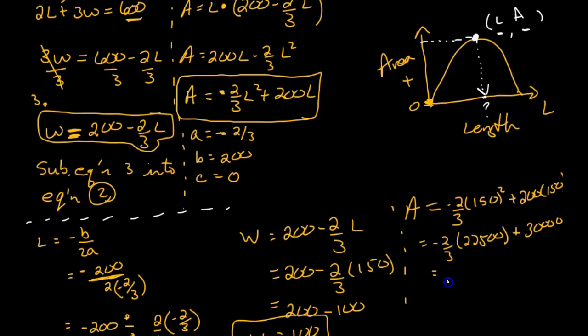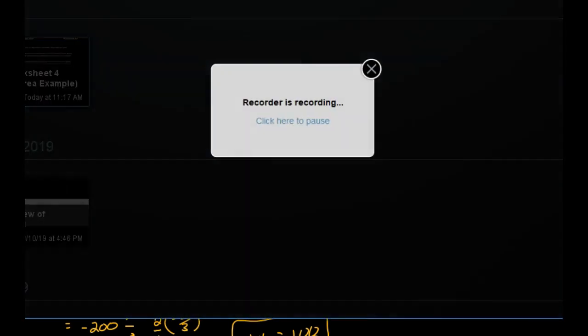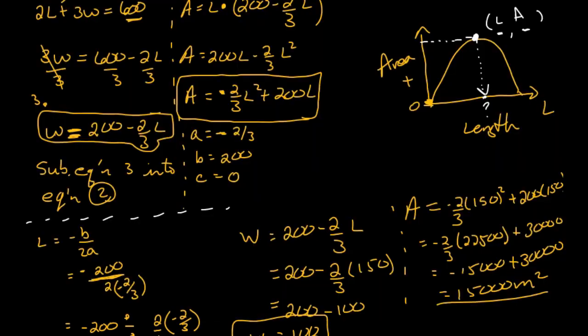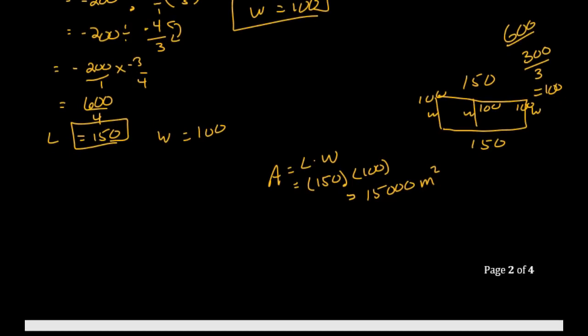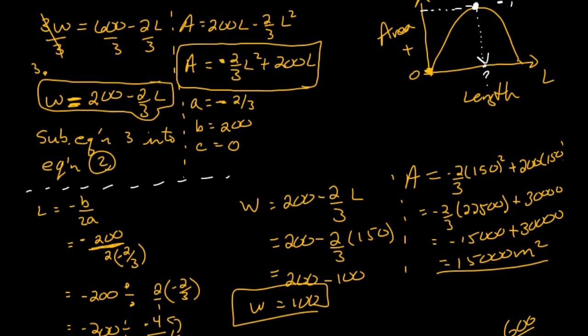If you work all this out, multiply that by 2, divide by 3. Well, negative 15,000 plus 30,000. And you come back with an area of 15,000 meters squared, which is the same as what we had just done. Alright, okay folks, that's it.